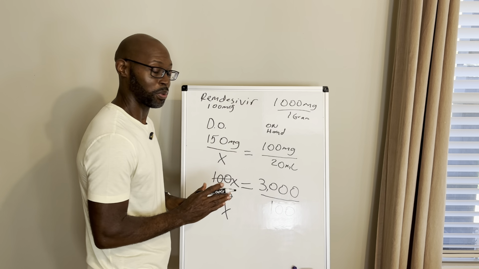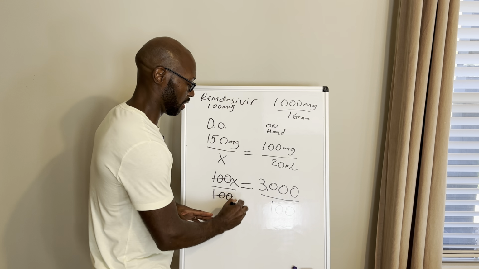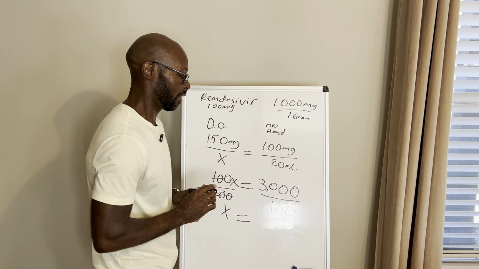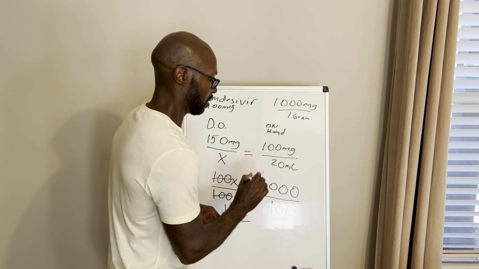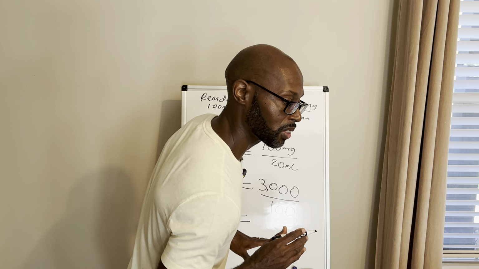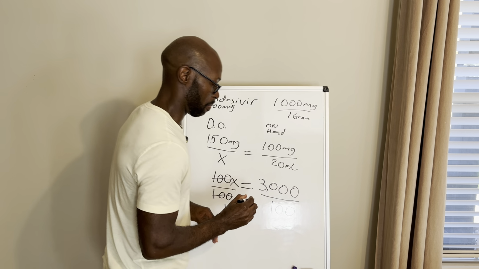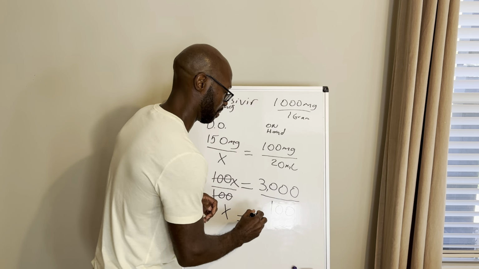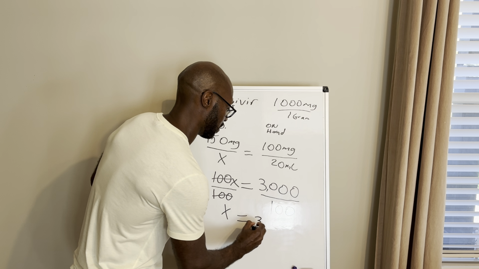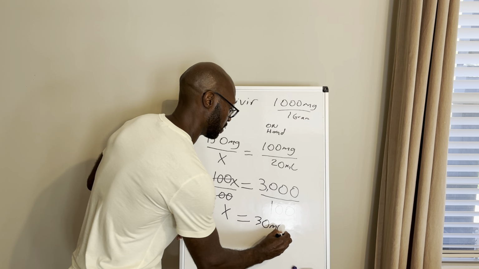So at this point, we're going to bring the equal sign down again. Again, we're looking for it in milliliters. So 3,000 divided by 100 now equals 30 ml or 30 milliliters, okay? So the answer now is 30 milliliters.